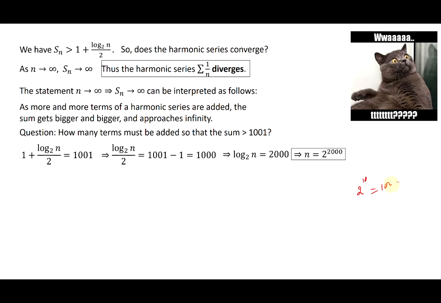Okay, so let's just approximate it to 1000. So 2 to the 2000 can be written as 2 to the 10, the quantity raised to 200. So this is nothing but 10 cubed, the quantity raised to 200. Okay, approximately, that is 10 to the 600.